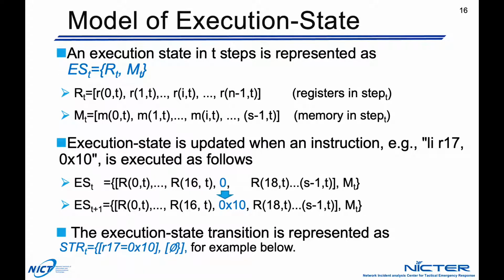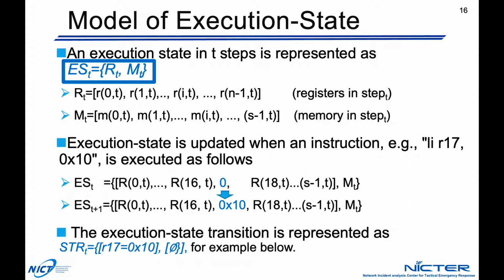An execution state at step T is represented like this. RT denotes a set of values of registers at step T, and MT denotes a set of values of memory at step T. The execution state is updated when an instruction is executed.